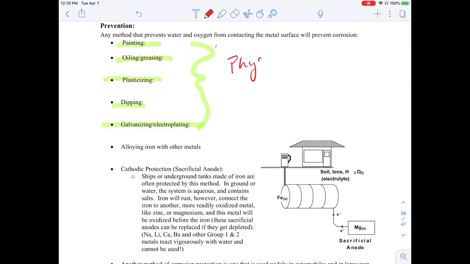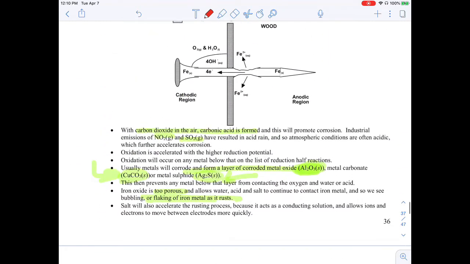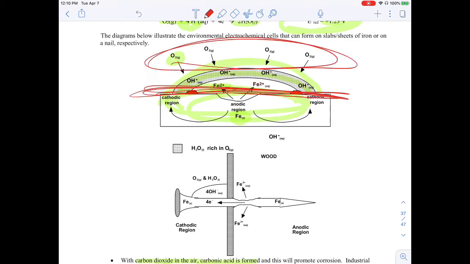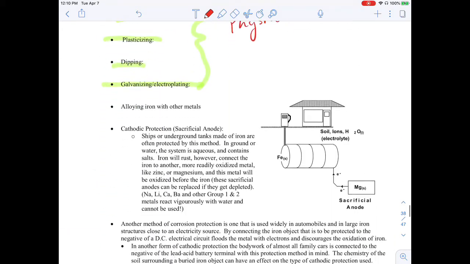Essentially, if the water never comes in contact with the iron, it can't corrode. So by creating a physical barrier, by painting over this, you're keeping the oxygen and water away from the iron, and it does not allow the reaction to occur.